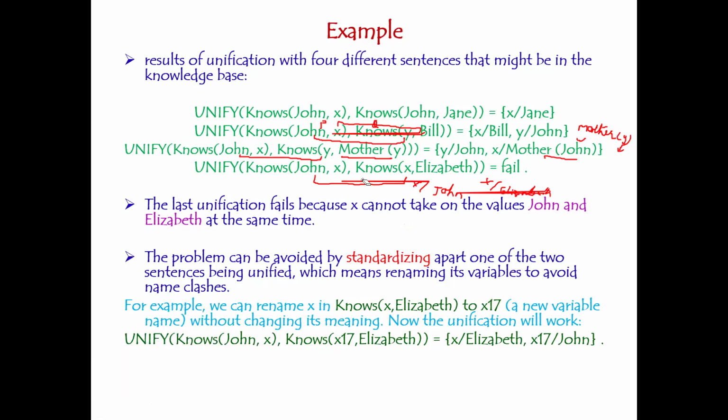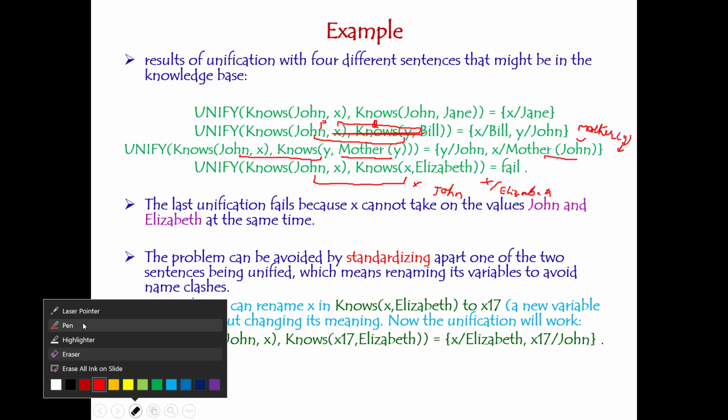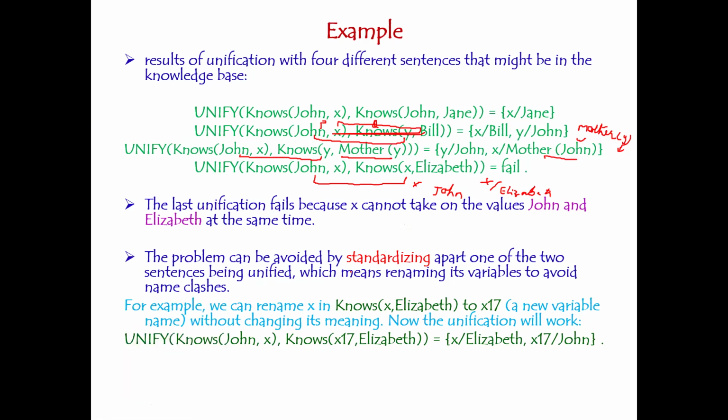In order to overcome this failure, what we are supposed to do is apply standardization. What is meant by standardizing is, instead of using the same variable for both values, you can rename any one of the variables with a different name. So for example, here you can see Knows(X, Elizabeth).